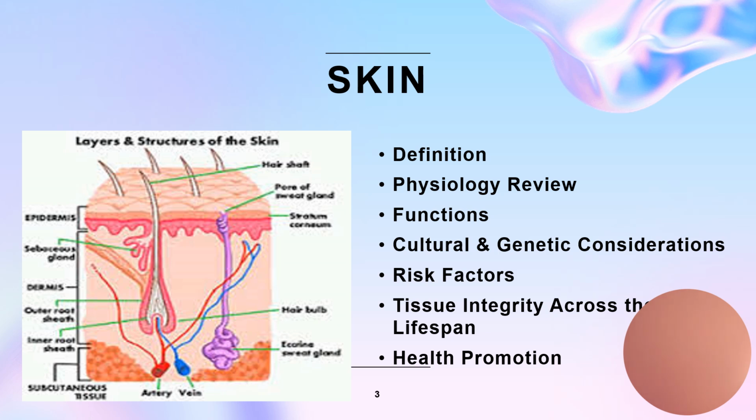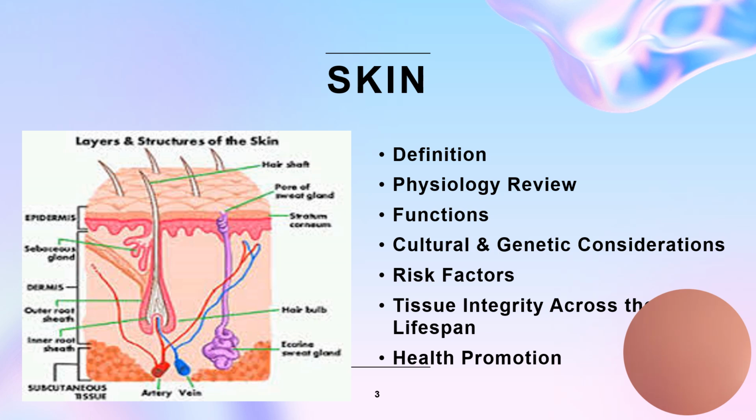It consists of two main layers, which are the epidermis and the dermis, but the subcutaneous or fat tissue can be considered a third layer. Mucous membranes are epithelial tissues, and they secrete thick, slippery mucus that helps protect the body from infection.